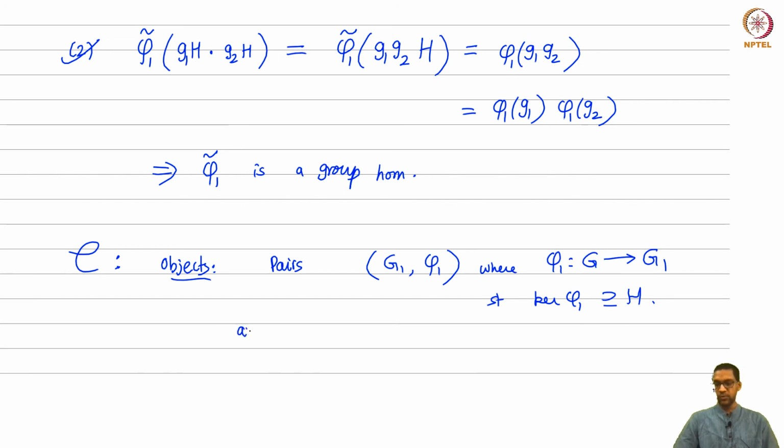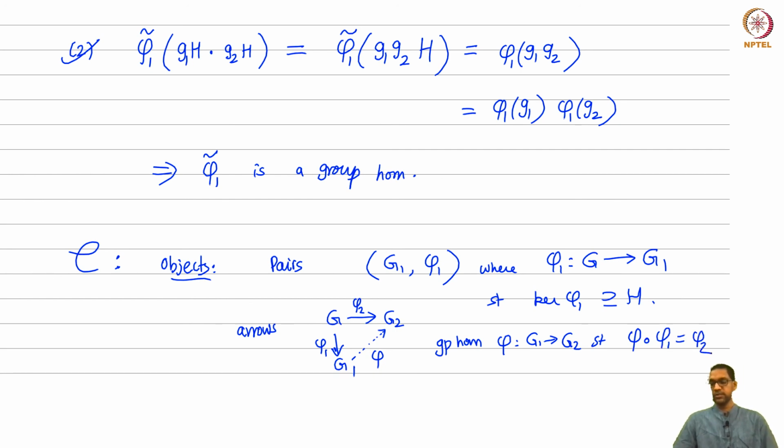And what are the morphisms, or the arrows in this category? Well, you have one such pair, G to G1, and another pair, G to G2. Then what's an arrow? It's a homomorphism. Let's call it phi. So an arrow by definition is a group homomorphism phi from G1 to G2, which makes the diagram commute.